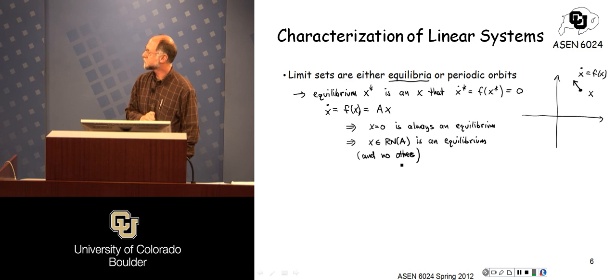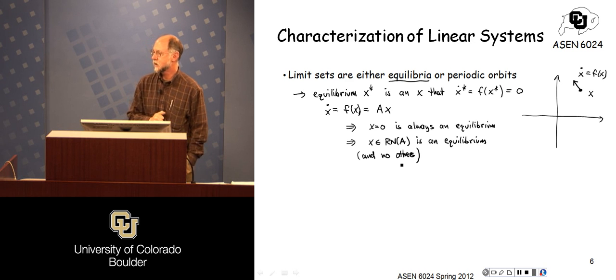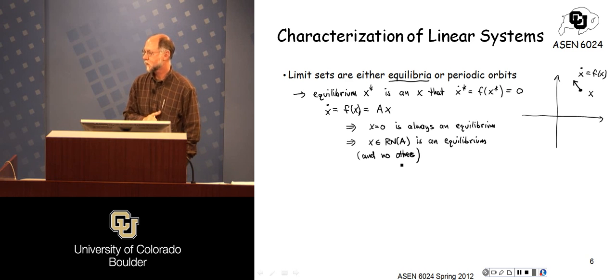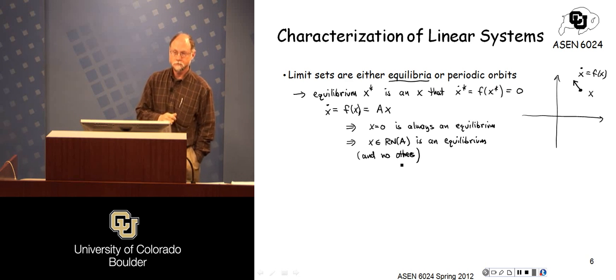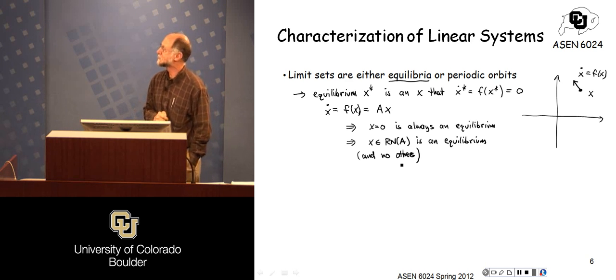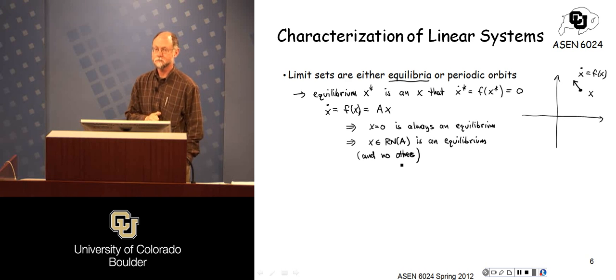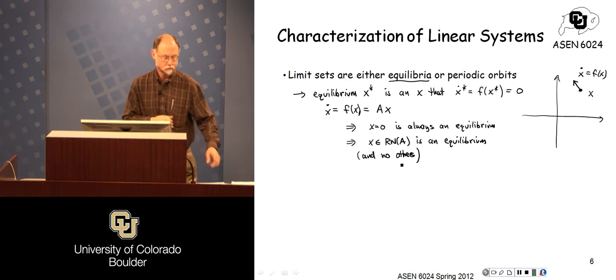What if A has non-zero eigenvalues? What is the right null space of A? If it has all non-zero eigenvalues, that's right, then just 0.